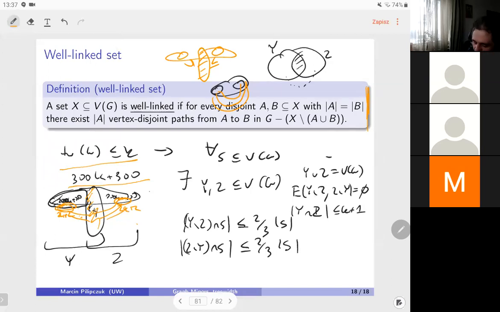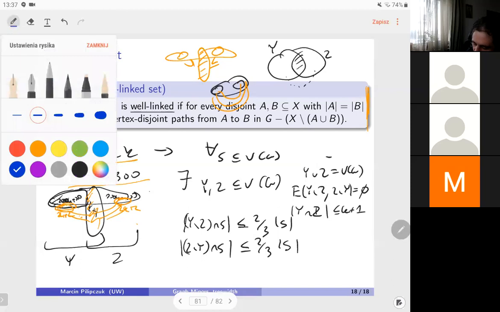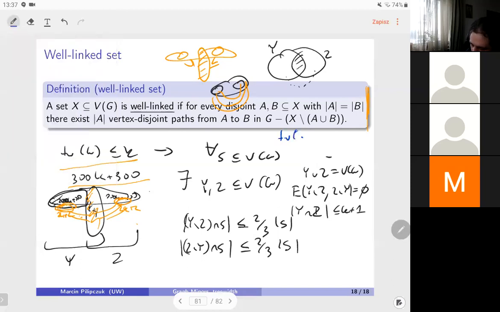What we have proven here is that if the treewidth of G is at most k, then every well-linked set is of size at most, here we prove 3k plus 3, but actually the bound is more like 3k or 4k, but I don't want to be picky about this.